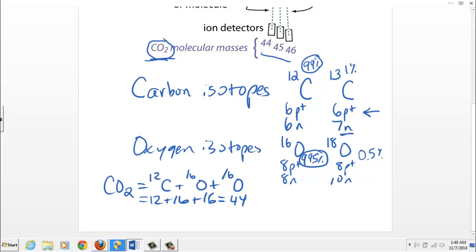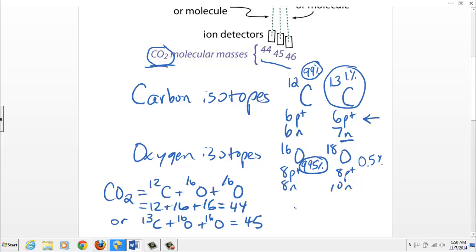But occasionally there might be a C13 that sneaks in there, in which case, if you add up those numbers, the mass is going to be 45. Or we could have carbon 12, oxygen 16, and one of the less common isotopes, oxygen 18. And in this case, the mass is going to add up to 46.